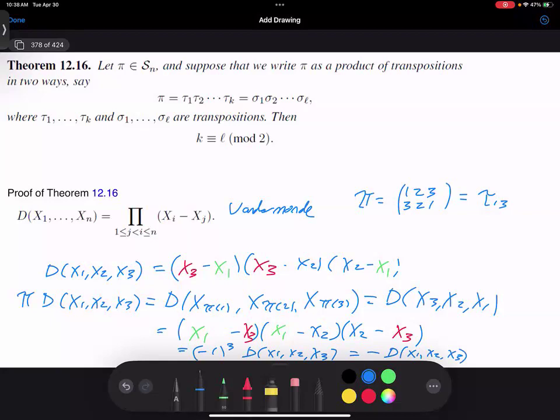x3, or just negative d of x1, x2, x3. The impact of the permutation pi, which is just tau 1, 3, which is just switching 1 and 3, is to change the sign of d. And you could ask, what would happen if I applied a different permutation other than just a transposition? Why do you think I only cared about the effect of a transposition?